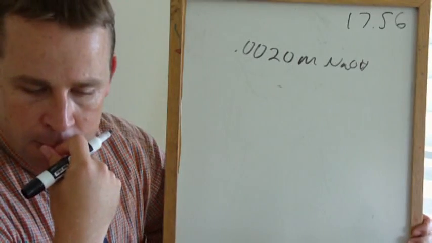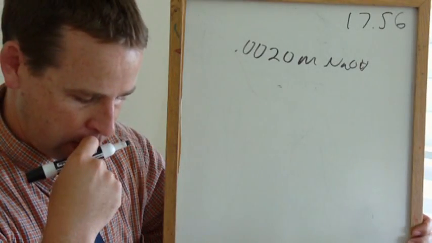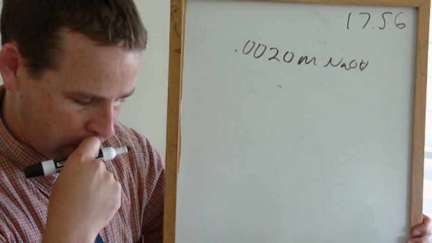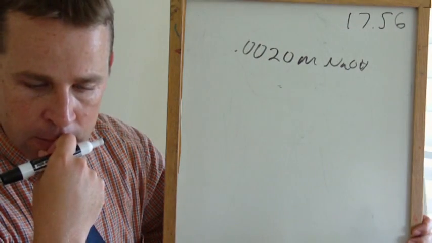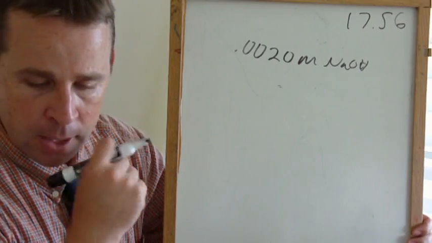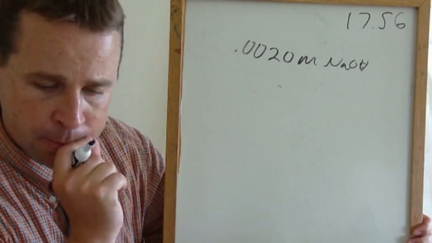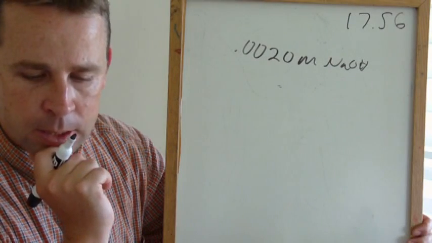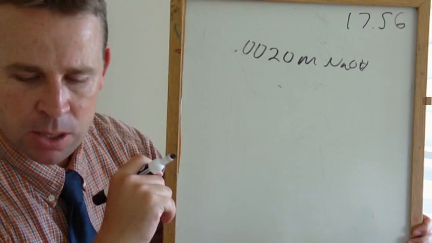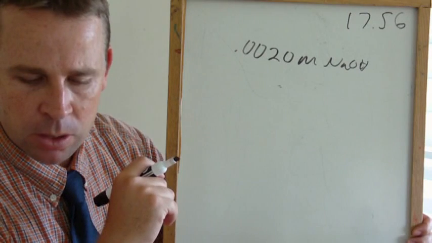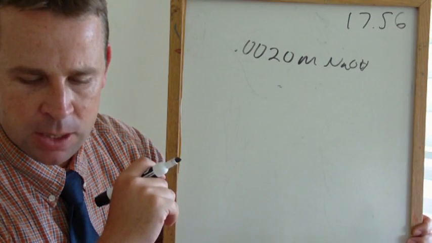Okay, so that's the concentration of sodium hydroxide. How many moles per liter of OH minus come from the ionization of water?